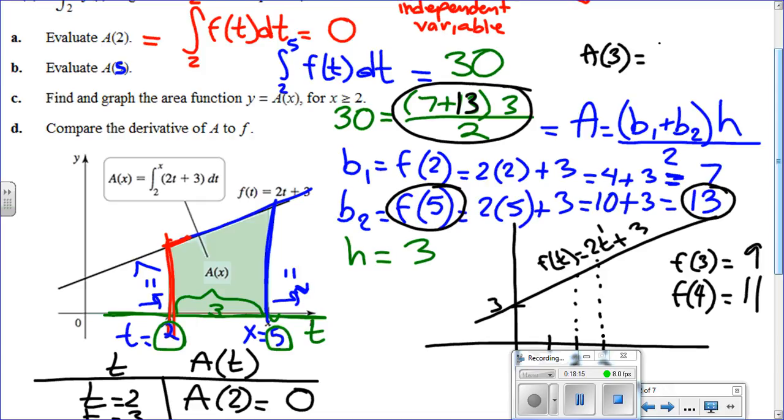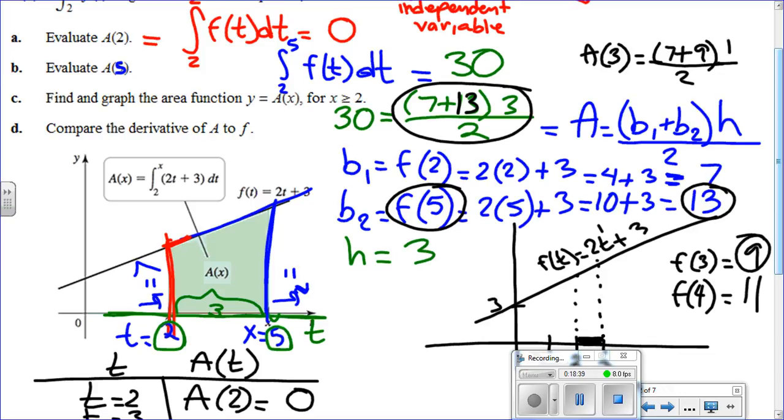And then, so we want to calculate the area at 3. It would be something like 7 plus 9 divided by 2. And now, what is the distance in between? So this is what we call heights of a trapezoid. So what would be the height here? 3 minus 2, or x minus 2. So that will be 1, right?